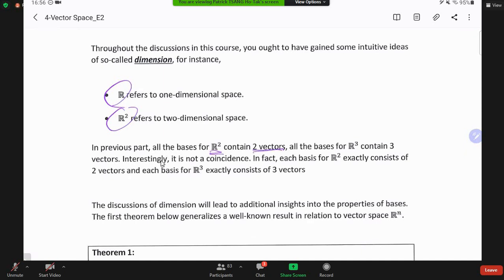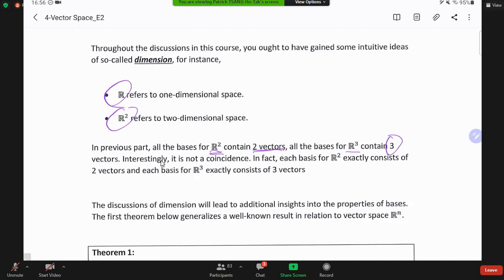You may go back to the last section to check. And the basis of the R3 space has 3 vectors. Interestingly, the value of the dimension, R2 or R3, is the same as the number of vectors inside the basis.